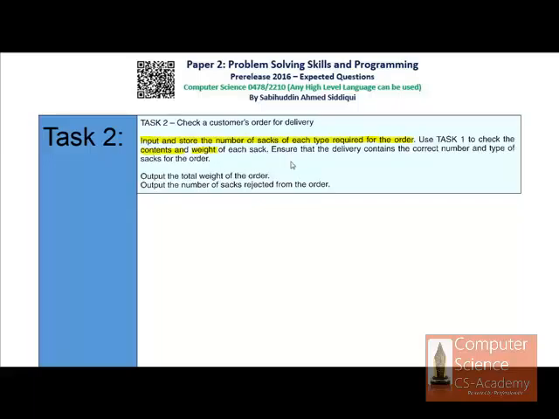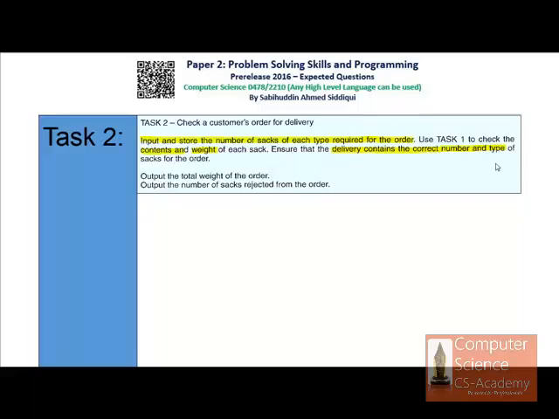Now ensure that the delivery contains the correct number and type. Correct number and type means what was required, that means how many bags. Let's suppose if it is a cement sack or gravel sack or sand sack, you have to identify it, and the order must identify this.